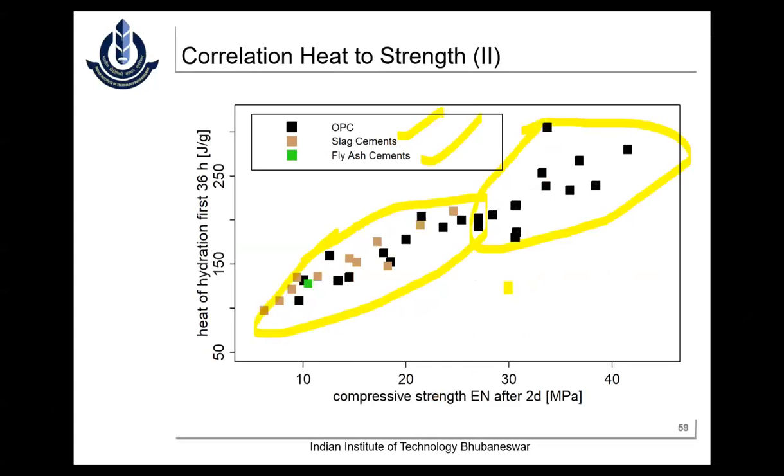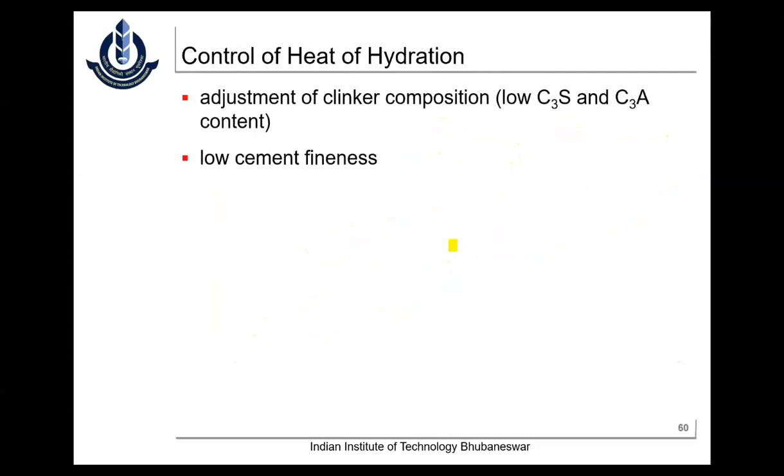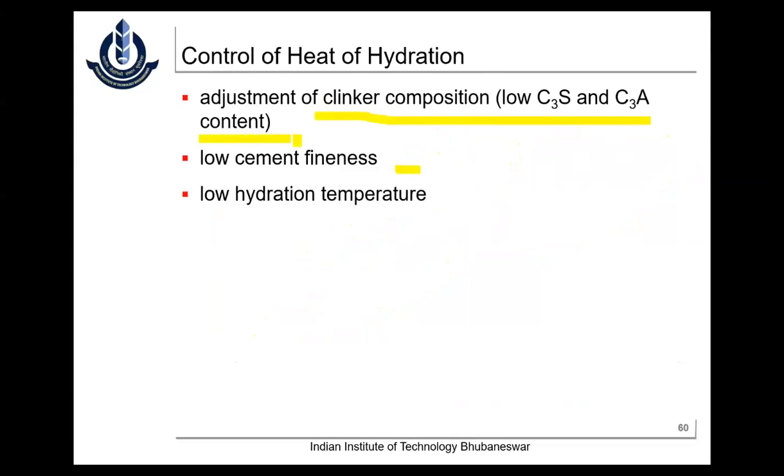Okay, and this is useful for some of the applications where the heat of hydration is a big problem. From a cement manufacturer side, you can have a low cement fineness, and you can adjust the clinker. You can modulate the product in such a way, and that is why we have low heat Portland cements and others with low hydration temperatures.